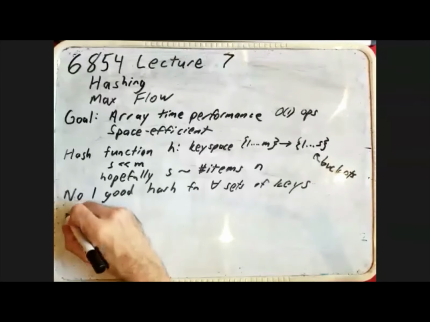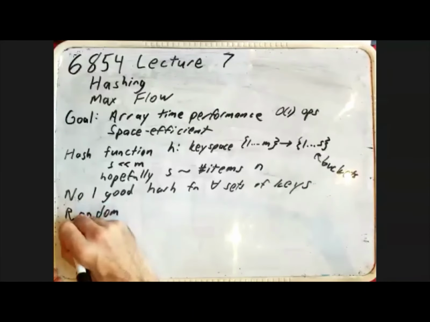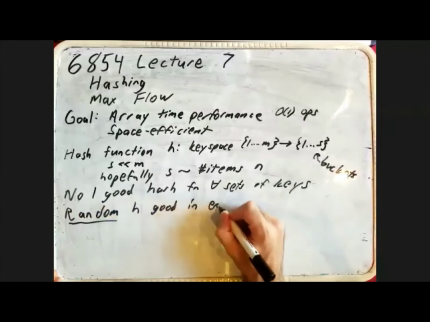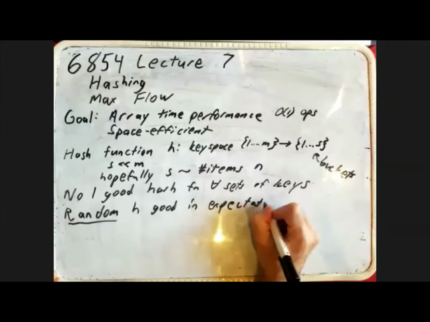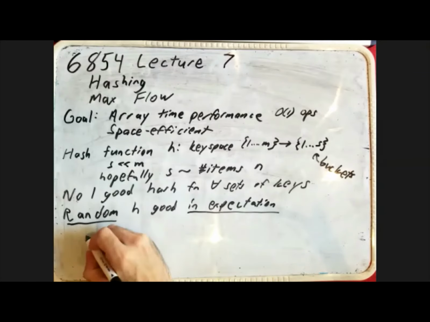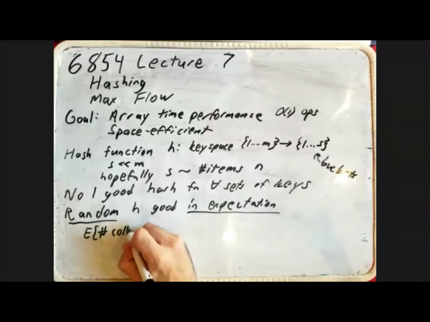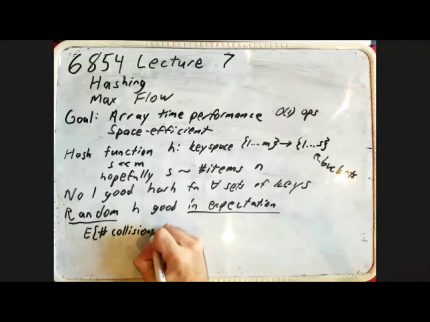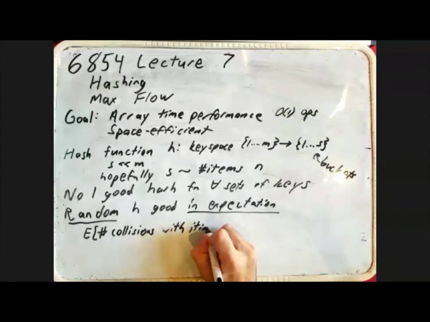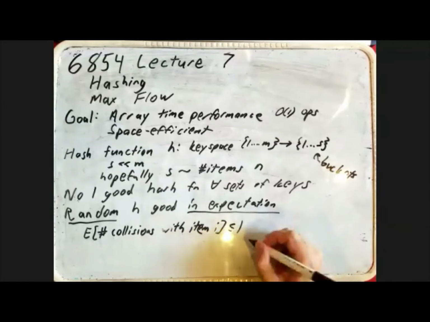Okay. But we also argued that a random hash function is good in expectation. We proved that the expected number of collisions with a particular item i was at most 1, just counting itself.